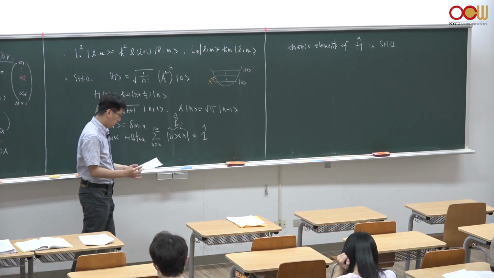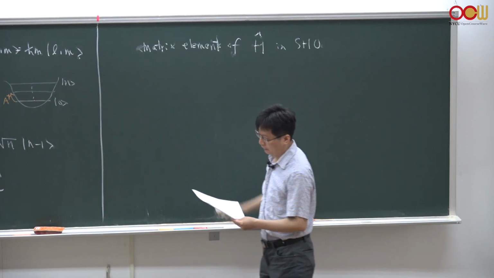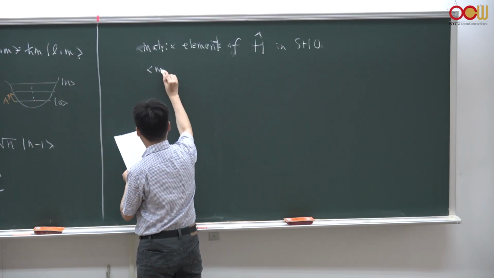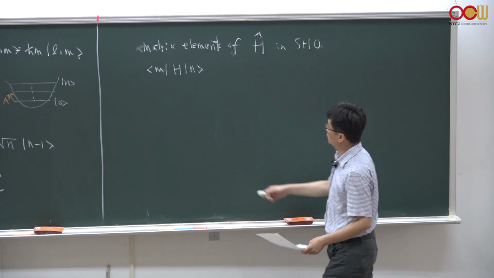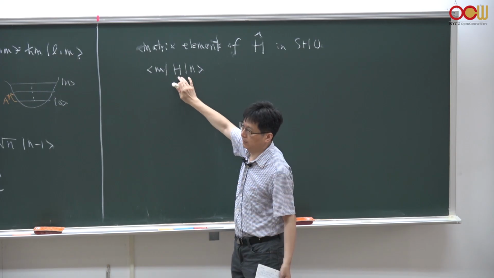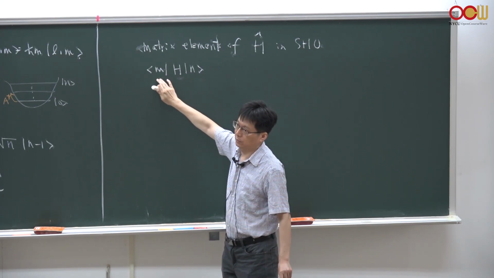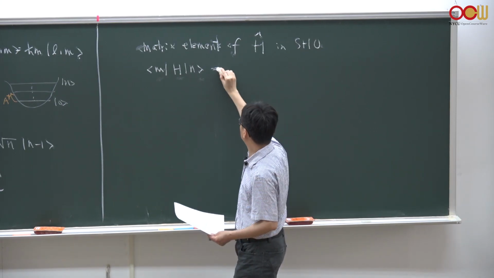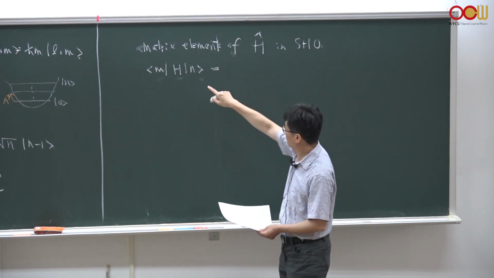So what is the matrix that corresponds to that kind of eigenvalue equation? You could very easily see this correspondence. Suppose I consider this H as a matrix. I sandwich this matrix by this Dirac bra m on the left and the Dirac ket n on the right. This is what I call this matrix element. Of course, we need to prove this, but we'll do that later.